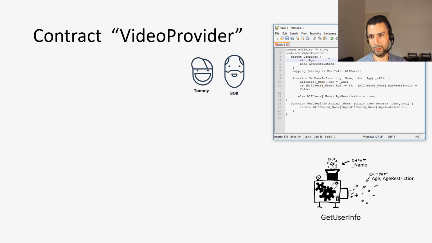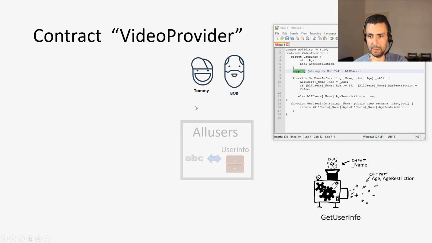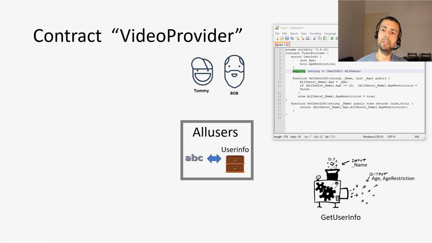Now let's take a closer look at how this actually works. So we have the struct user information, uint age, and the boolean age restriction. This is basically what we talked about earlier. And then we have the mapping. So the mapping is simply telling I want to map a string that I get as an input, in our case, for example, Bob.